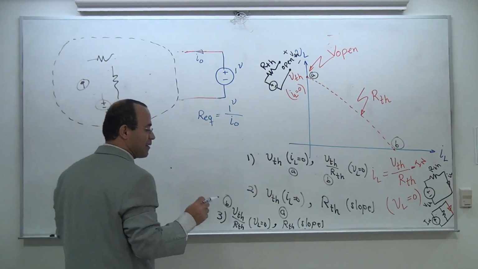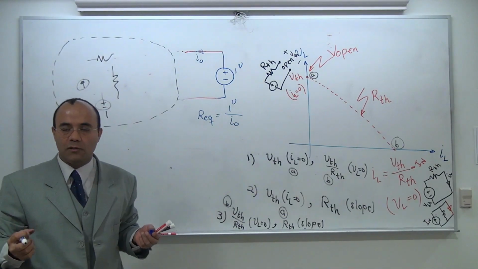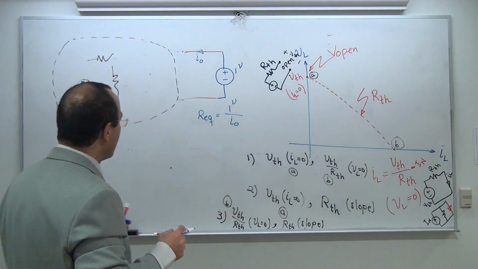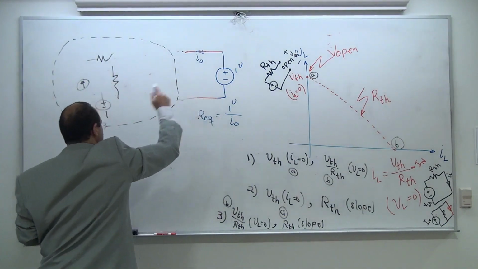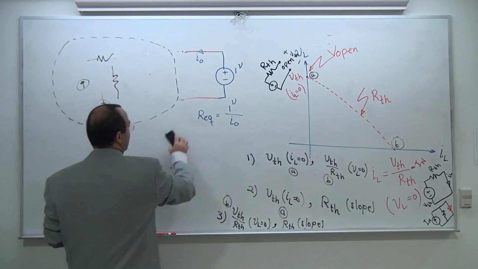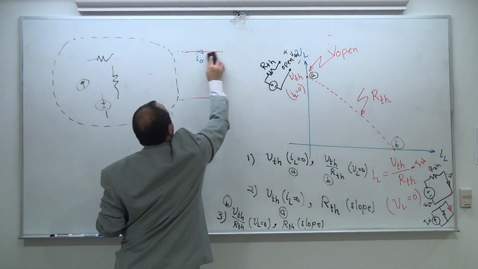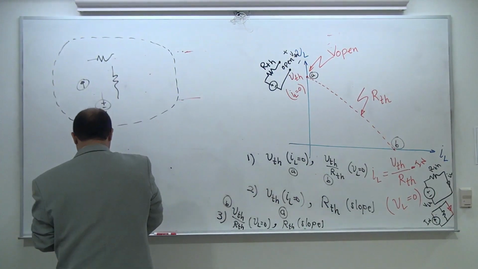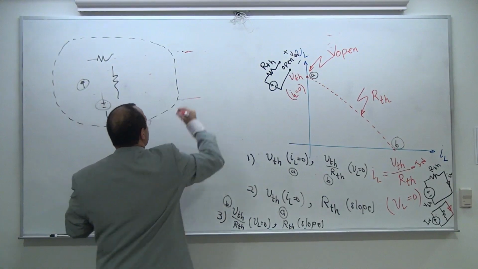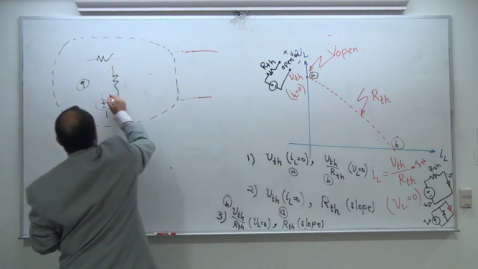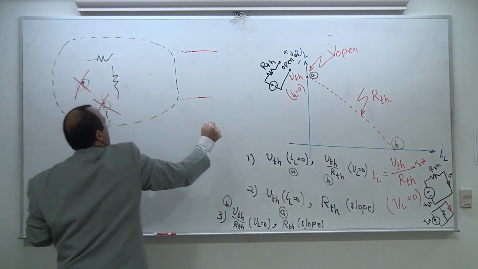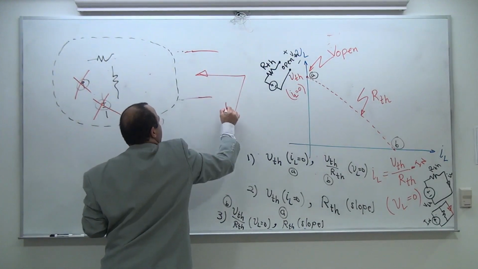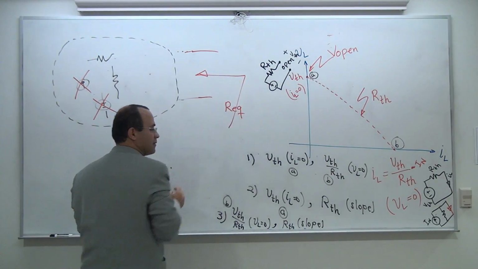But since in this class we don't want you to engage with dependent source at this time, there is a simpler idea replacing this definition. The idea is this. Shut down all the independent source. You don't have the independent source. Look at this angle and tell me how much R equivalent is.